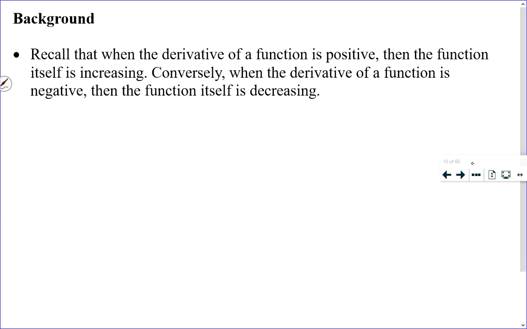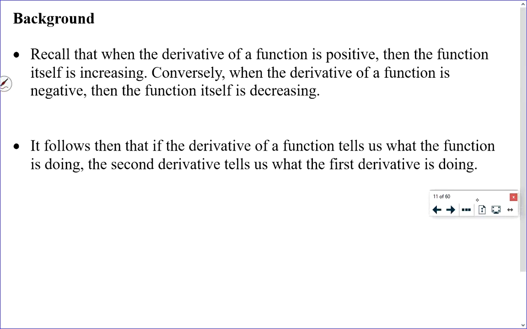And it should start to make sense, because if the derivative is positive, y is increasing, it has a positive slope. Well, what that means, and this is where things get a little bit more challenging for your brain to latch onto, is that if the derivative of the function tells us what the function is doing, then the second derivative tells us what the derivative is doing.